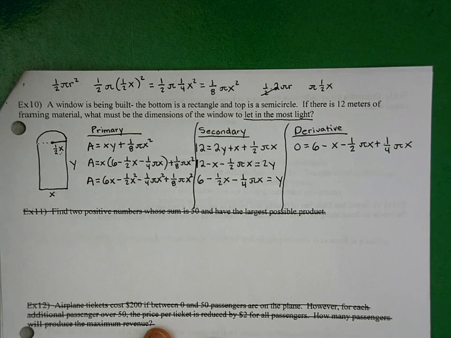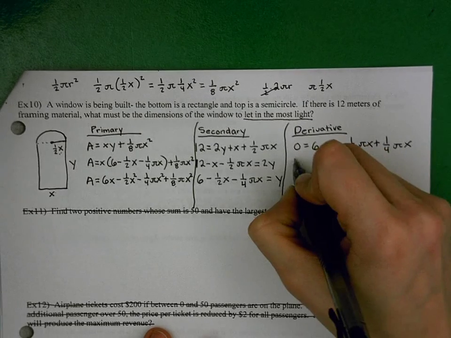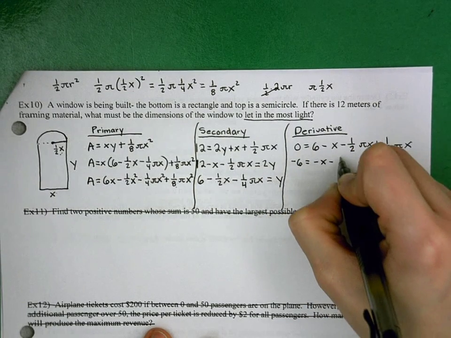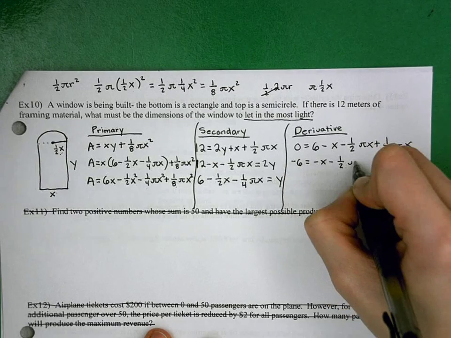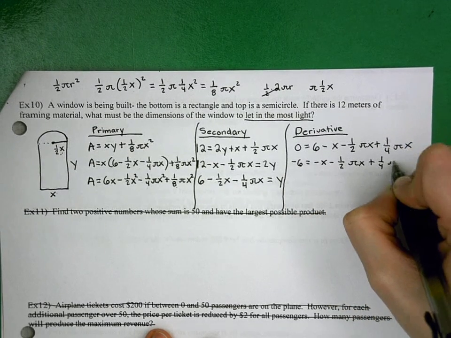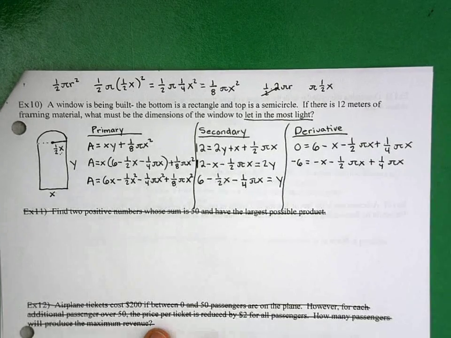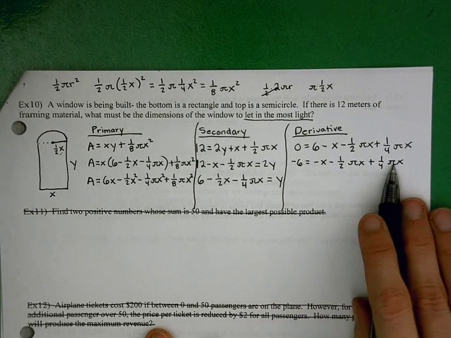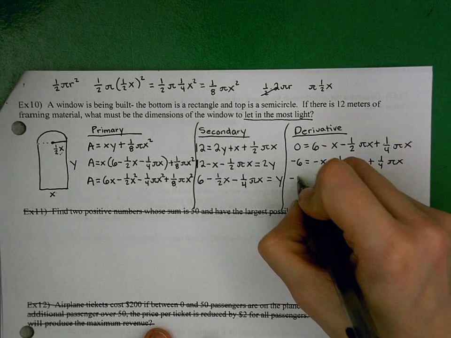Okay, at which point we're going to solve for x. So I'm going to choose to subtract this 6 over to the other side. Just going to separate all the terms that have no x from all the terms that do have an x, which then allows me, since all of these terms have x's, to factor an x out.